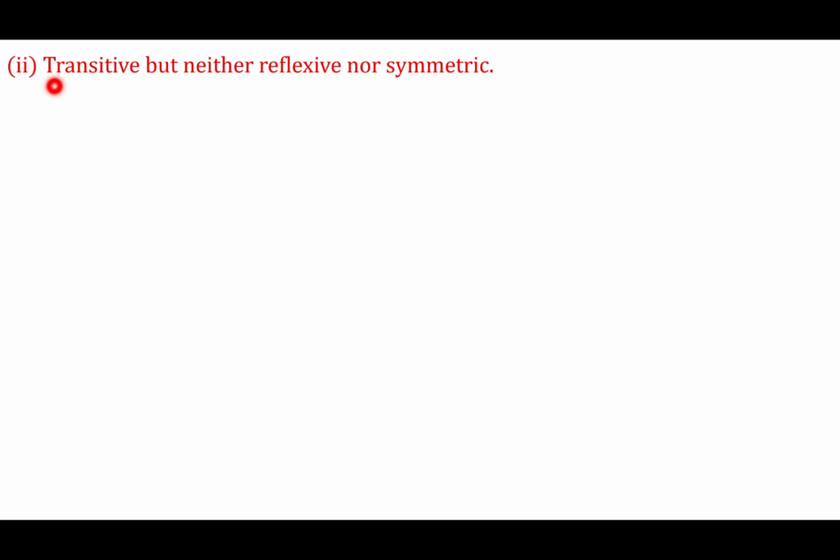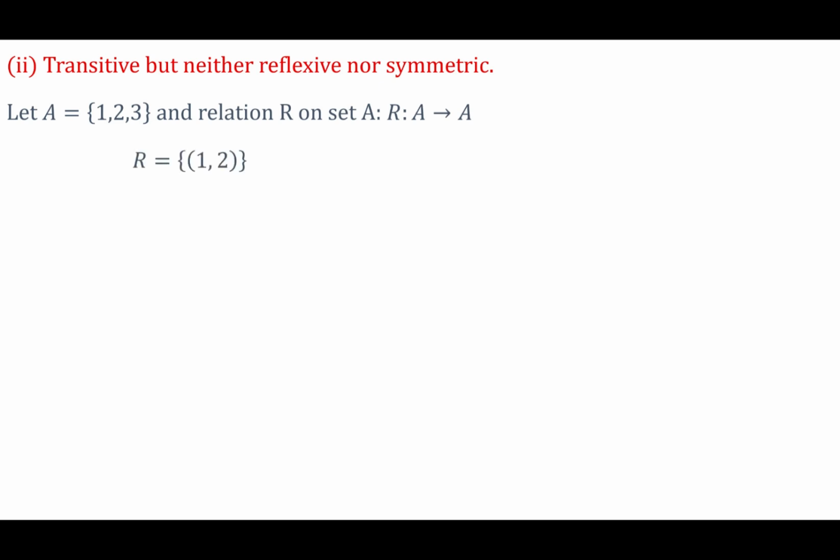Question 10, part 2. We have to consider a relation which is transitive, but neither reflexive nor symmetric. I choose a set A as {1, 2, 3} and a relation R on set A. R equals {(1, 2)}, just one ordered pair. Let us check first, is it reflexive or not?